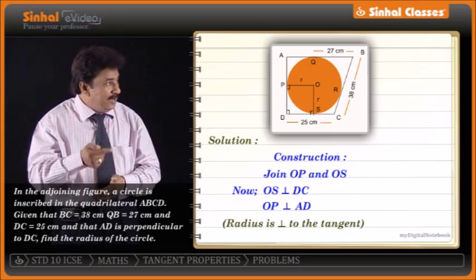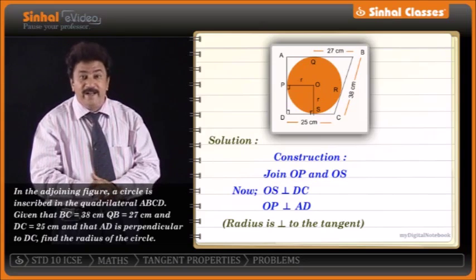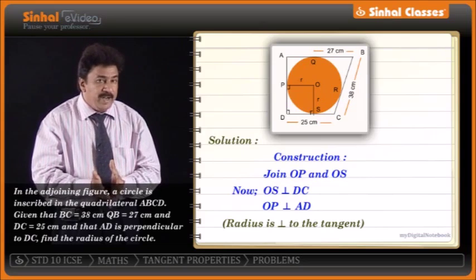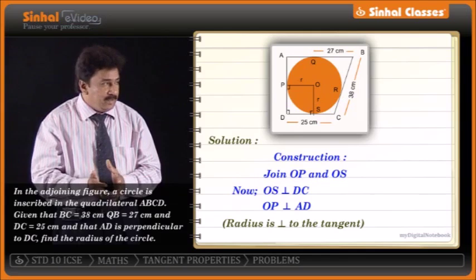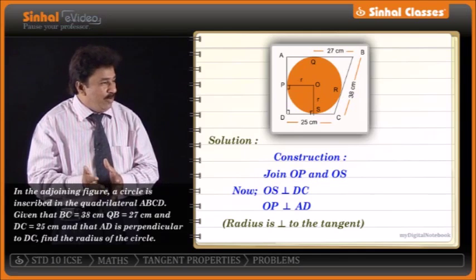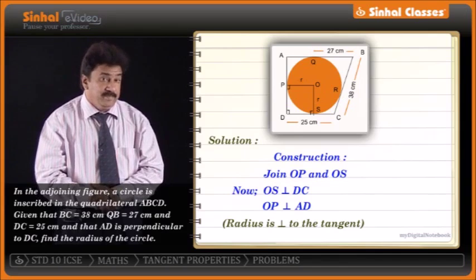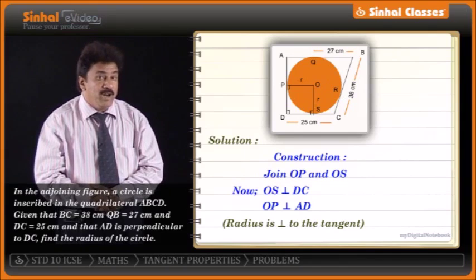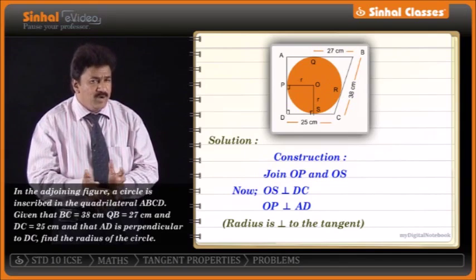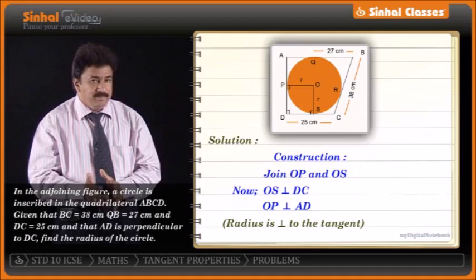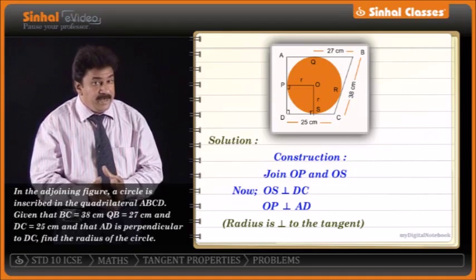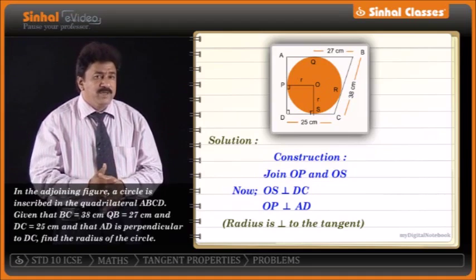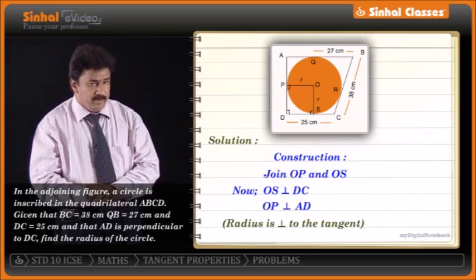I also get angle OSD is 90 degree. And angle D is already given 90. So what about the fourth angle? Angle POS will also become 90 degree, since the sum of all the angles in a quadrilateral is 360. That means I got a quadrilateral where all the angles are 90 degree. Later on I will prove it's a square.